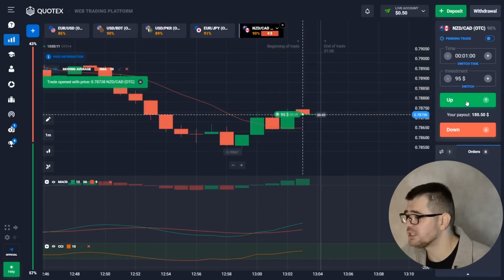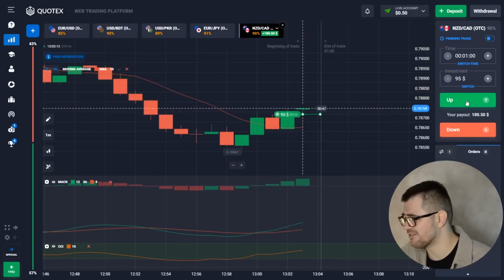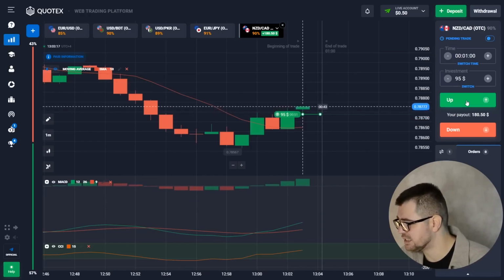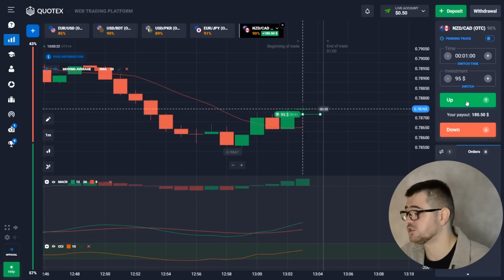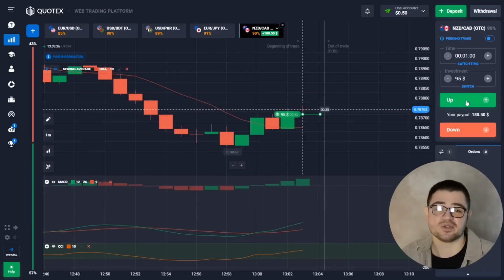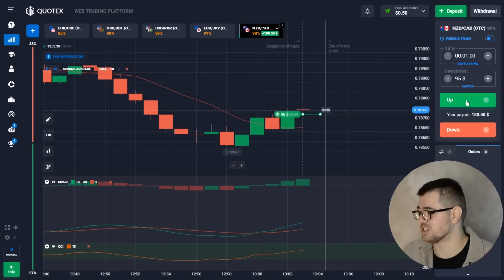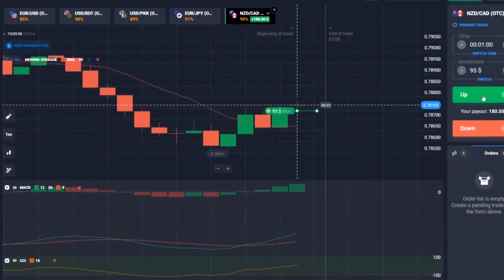It acted as a resistance level, and also looking at the MACD and the CCI, we are seeing strong indications that the price is going to go up. So let's wait for the result of this one. It's positive, I think, and let's just see it.